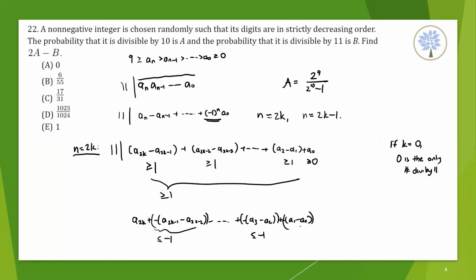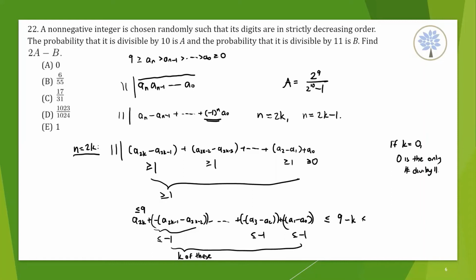And we can see that all of these things are at most -1, and of course, there are k of these. And a_{2k}, as we can see, is at most 9, since a_{2k} is a digit, and this digit has to be at most 9. So from here, we can get that this alternating sum is at most 9 minus k.